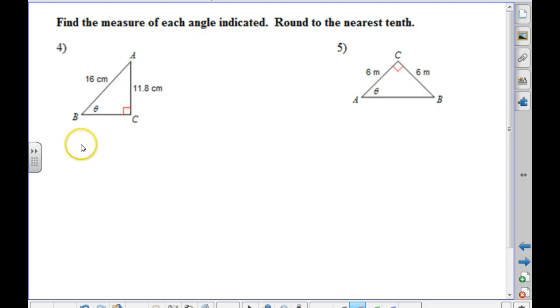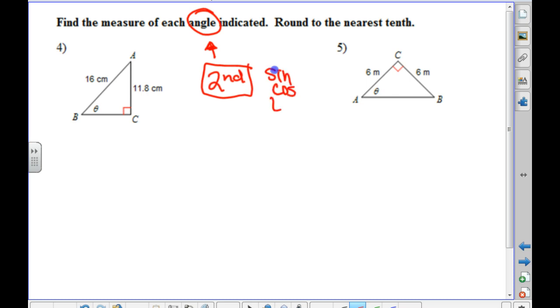All right, number 4, we are trying to find an angle. We're still using right triangle trig, but do you remember when you're looking for an angle, which key you always have to push on your calculator? Yeah, you need to push the second button and then either sine, cosine, or tangent, depending which information you're given. Very good.